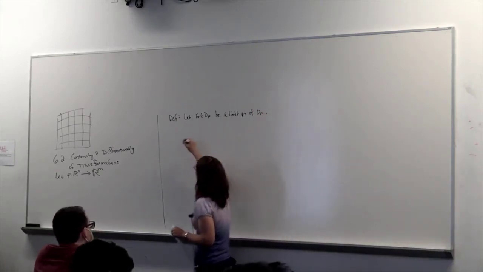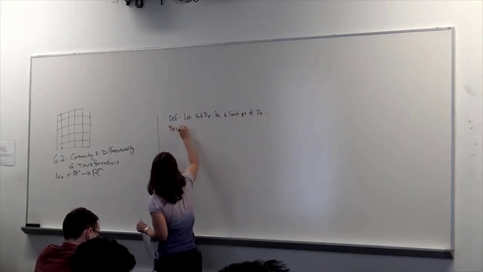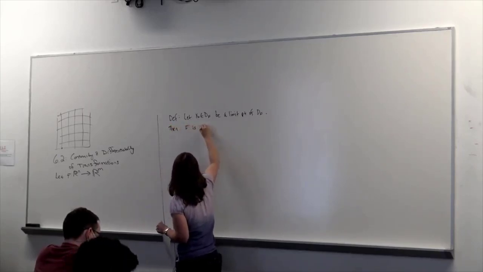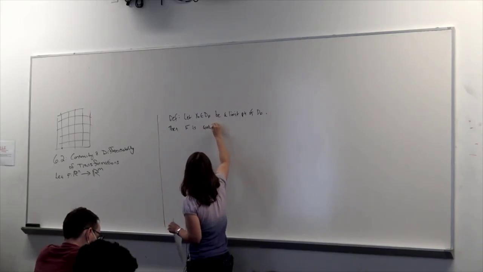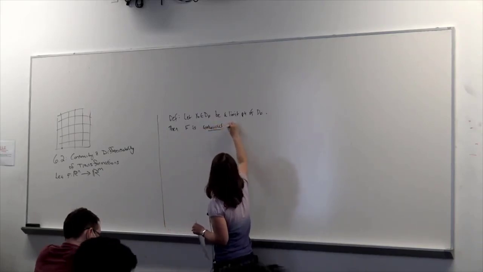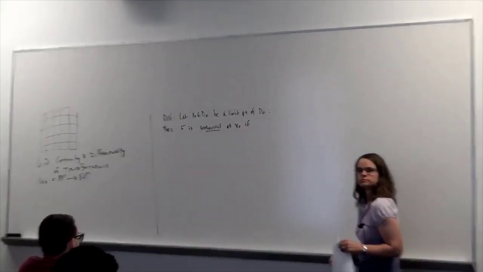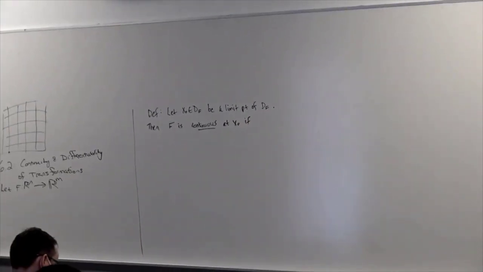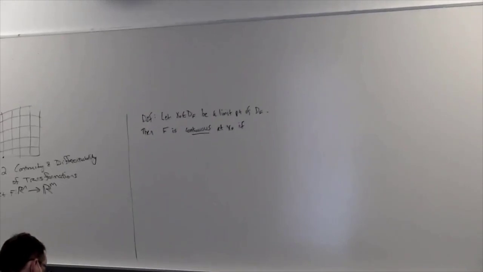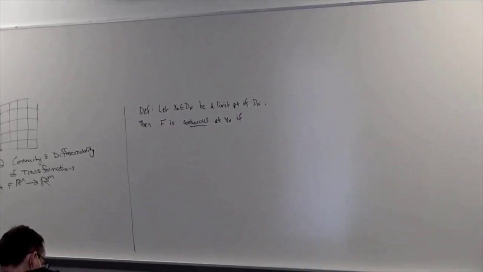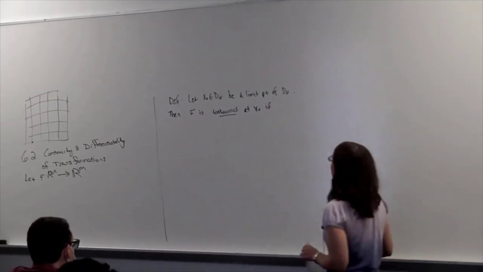Then as usual, we say that f is continuous at the point x naught if, all right, and now it's our usual definition of continuity, epsilon deltas, and the limit is the function value.